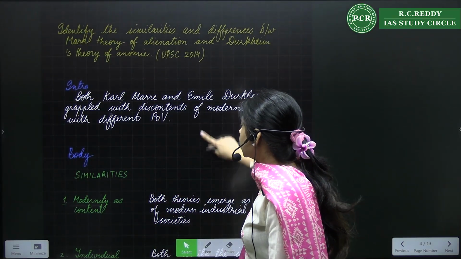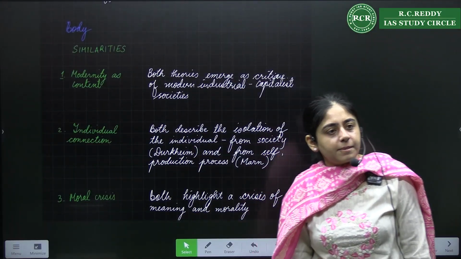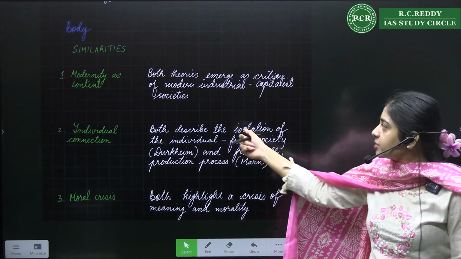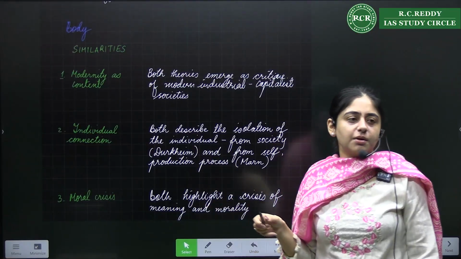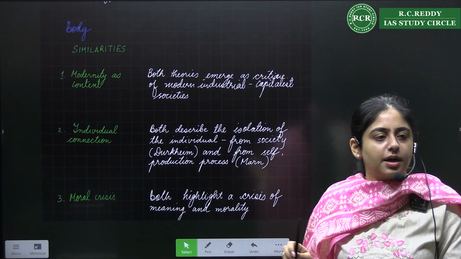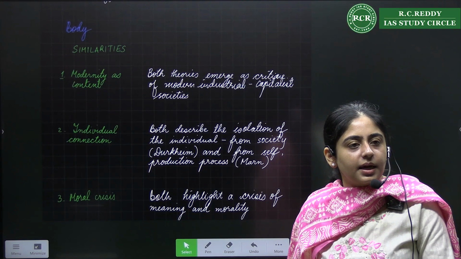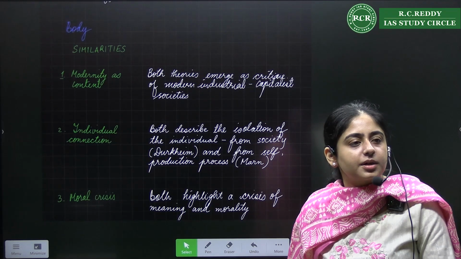Now first we will see what the similarities are. Similarities also you can write in a table. Right? Just write one point. So the similarity is modernity as the context. Both the problems which they are discussing, alienation and anomie, exist in the same time scale, right? In modernity, as a byproduct of modernity.